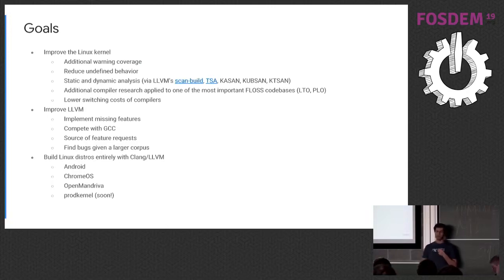Chrome OS is entirely Clang built as well. OpenMandriva is more of a traditional Linux distribution with packages, and is a project working through getting all of that code ported over and buildable with Clang. And then Bill will talk a little bit about some of the work he's been doing on Google's production servers that are serving your traffic when you visit various Google properties.